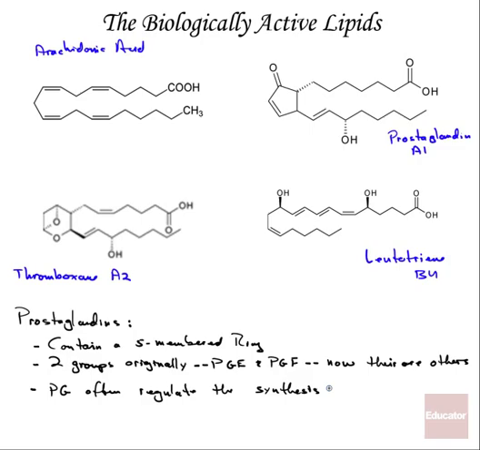In this particular case, prostaglandins often regulate the synthesis of 3',5'-cyclic adenosine monophosphate, an intracellular secondary messenger.